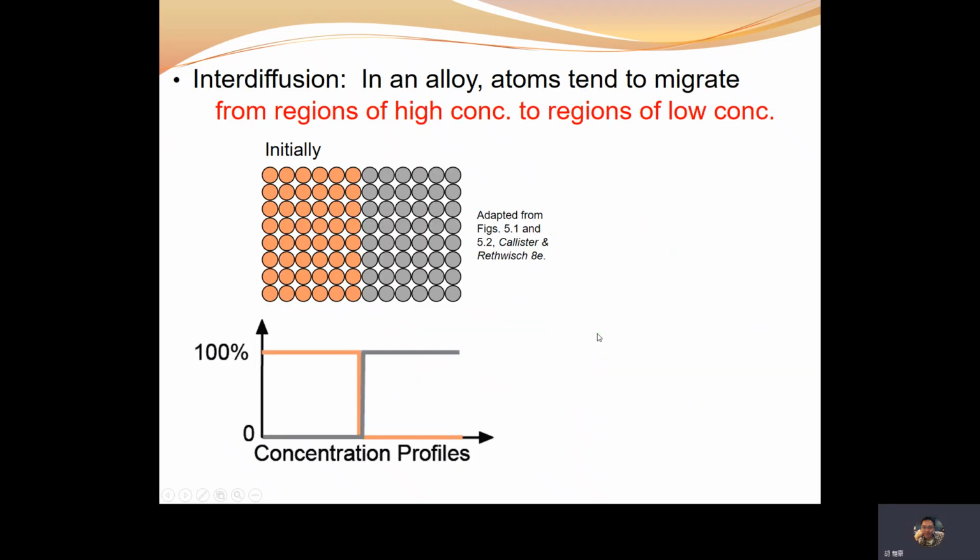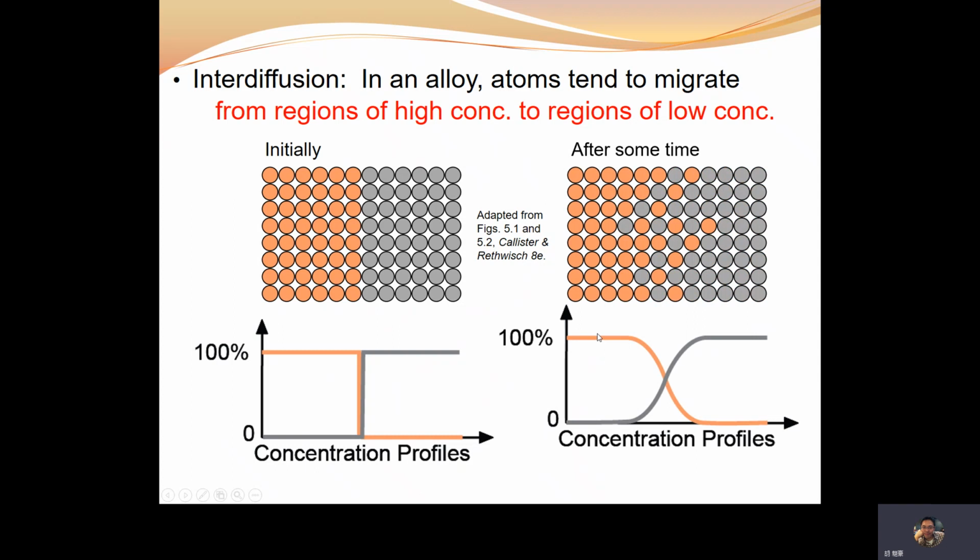So first we look at interdiffusion. In an alloy, atoms tend to migrate from regions of high concentration to regions of low concentration. For example, initially we have two types of metals in tight contact with each other. After some time the atoms start to diffuse through each other, from high concentration to low concentration.